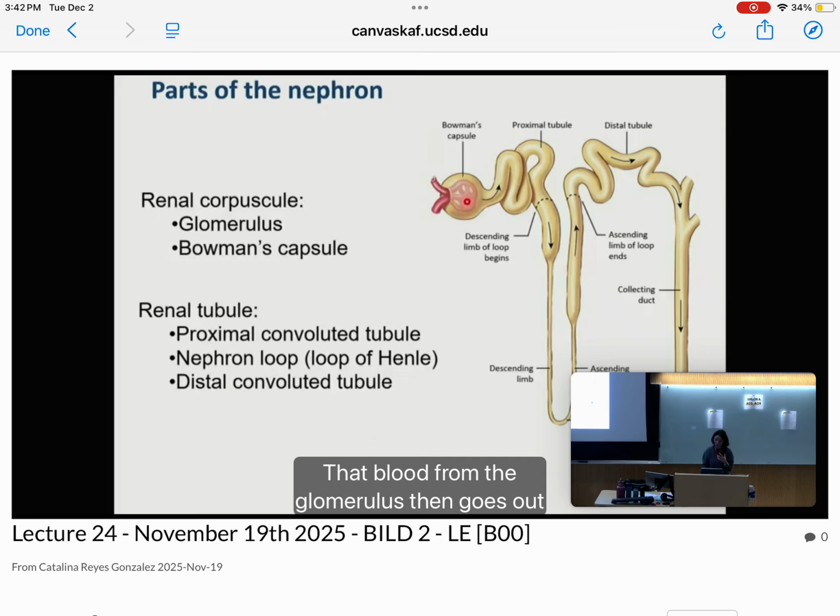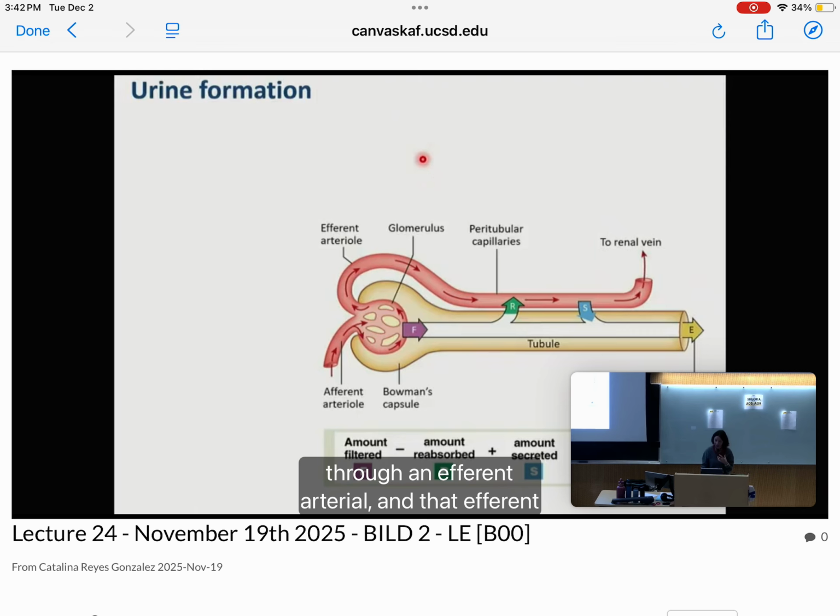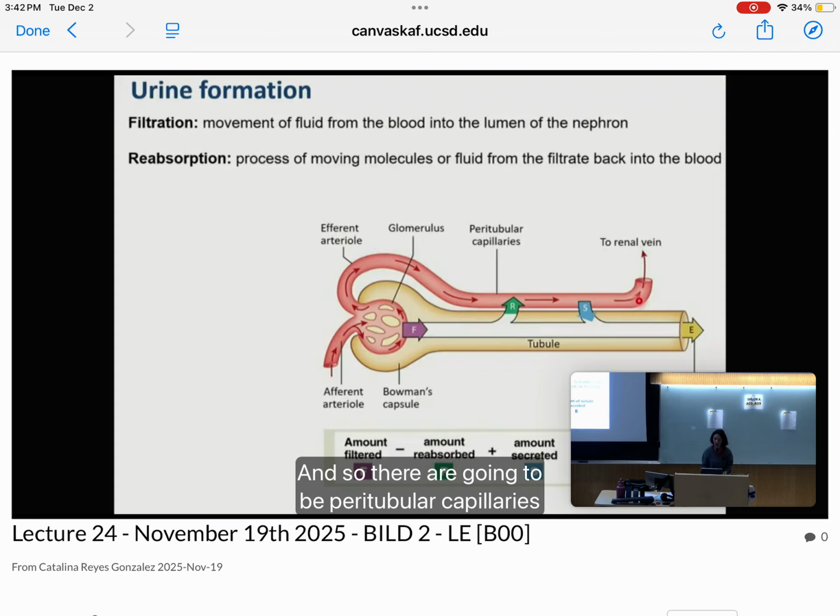That blood from the glomerulus then goes out through an efferent arteriole, and that efferent arteriole is going to become a peritubular capillary. And so there are going to be peritubular capillaries associated with all the segments of the nephron.